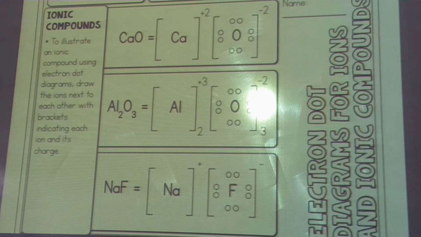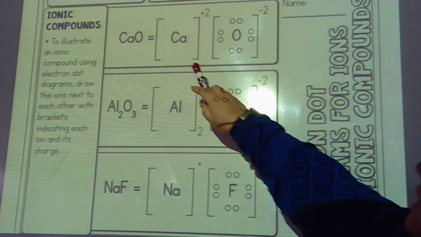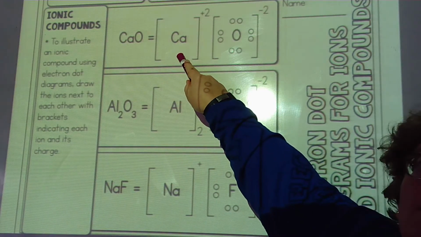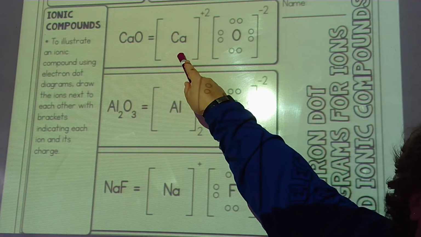Now, when we use this model to draw ionic compounds, where we have 2 or more elements bonded together, basically what we do is we draw their symbol, we add the brackets and the charge, and then any valence electrons. So we see here with calcium oxide, here's calcium. It normally has 2 valence electrons, right?